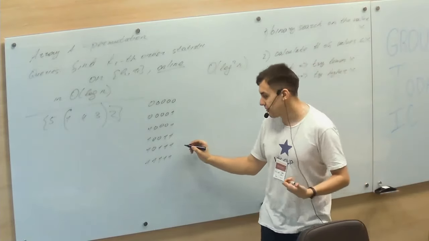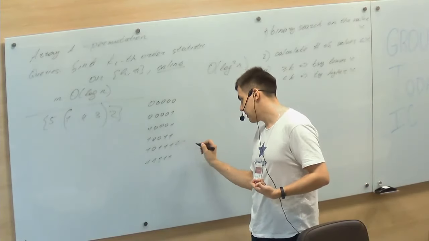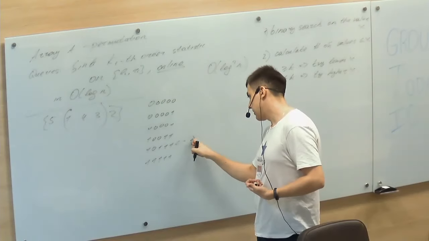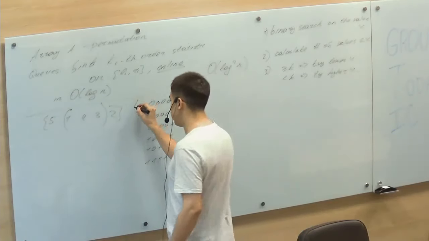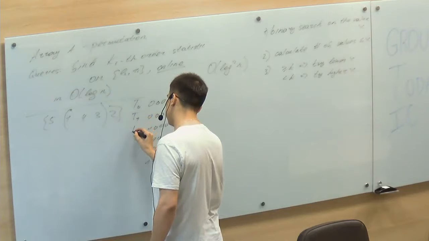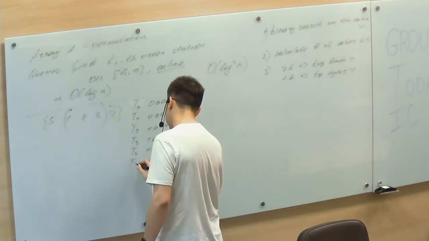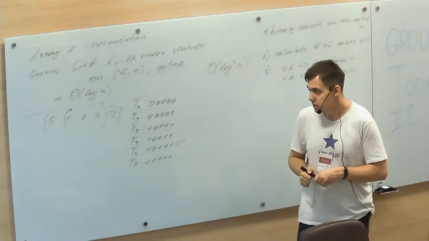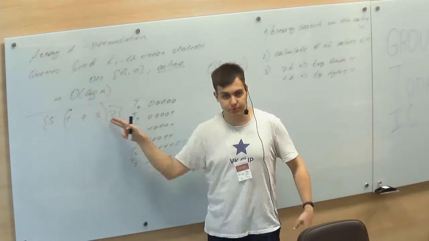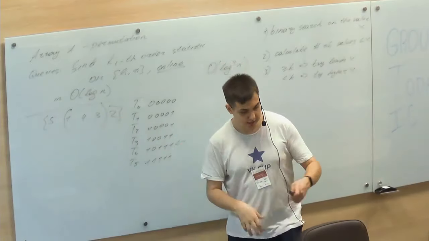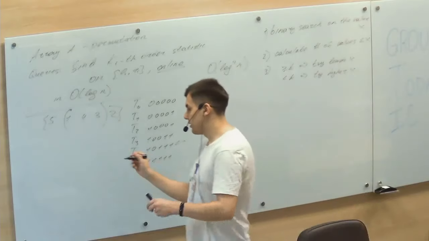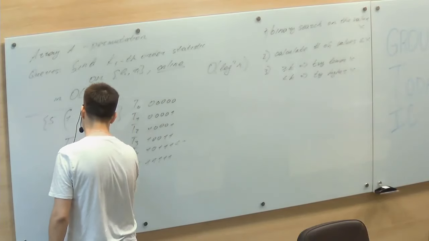Right? So let's call them T0, T1, T2, T3, T4, and T5. So the tree that corresponds to these three values is just T4 minus T1.